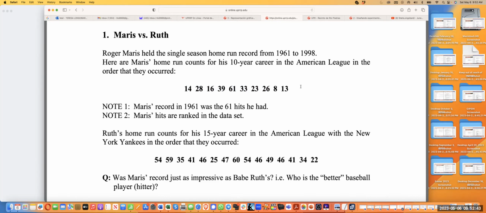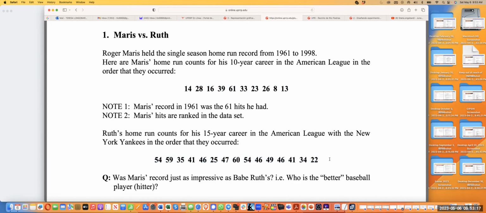In this case, baseball season home runs. And we have two stellar, famous baseball players, Roger Maris, who played from the 60s to the 90s, and a shorter career than Babe Ruth, who had a 15-year career in the American League, and he played in the 30s and 40s, I believe.